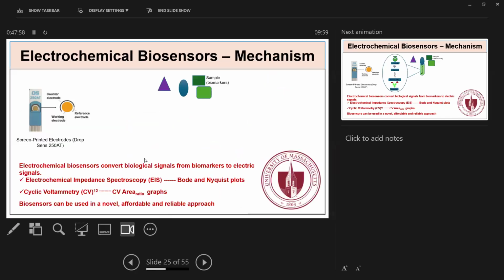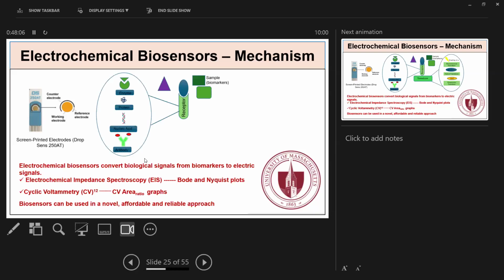Yeah. So as I mentioned, at the working electrode, we have the sample biomarkers, and these sample biomarkers can be attached to a receptor. The sample biomarkers are nothing but the ligand, and this one is the receptor. To be more clear, or in an easy way to understand, just think of the lock and key model.